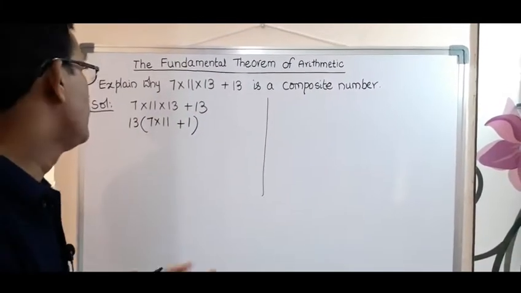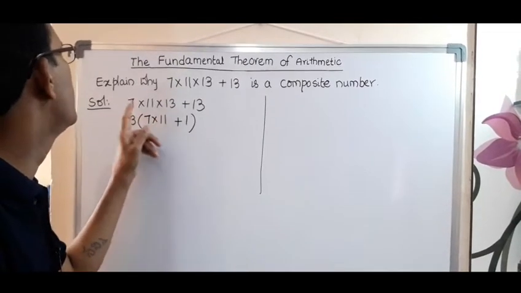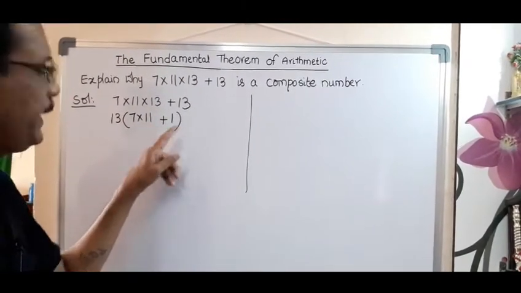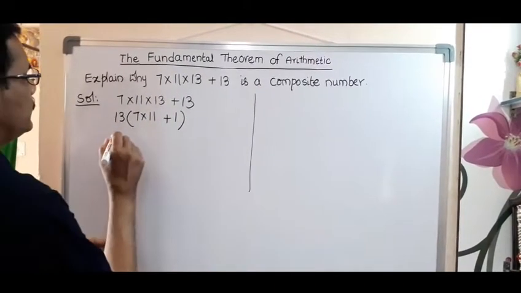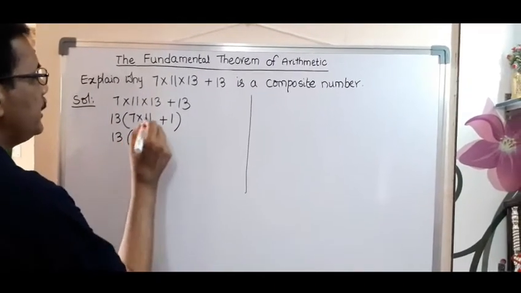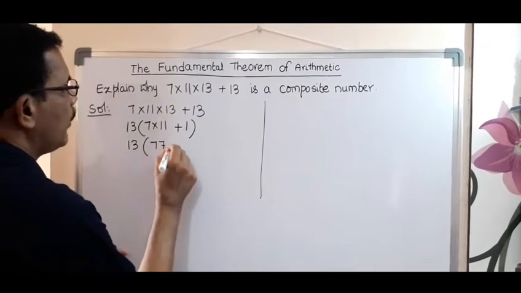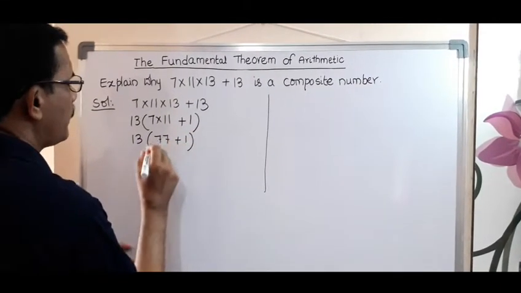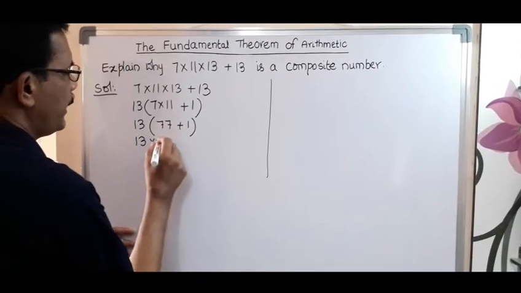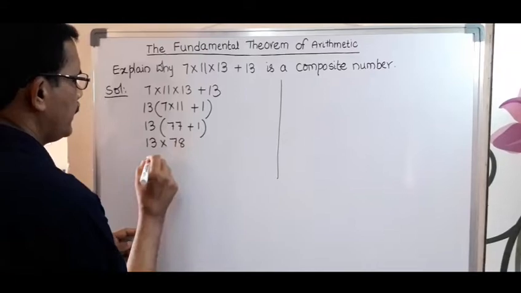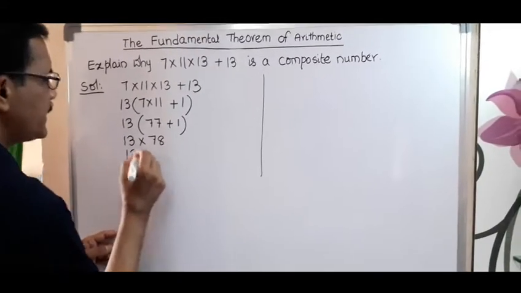If we take 13 common in the first term, 7 into 11 will be left over. In the second term only 1 will be left over. Now 7 into 11 is 77, plus 1. This is equal to 13 into 78.